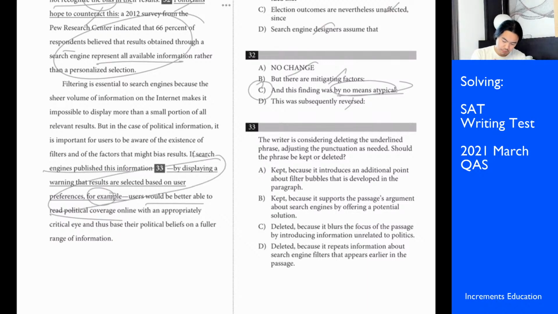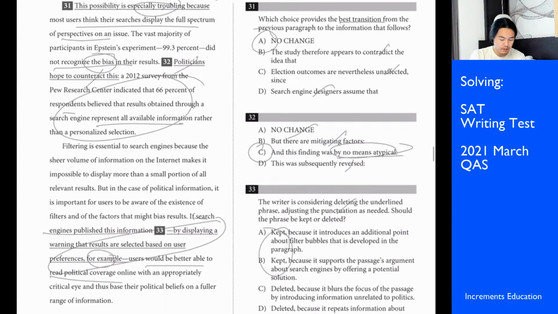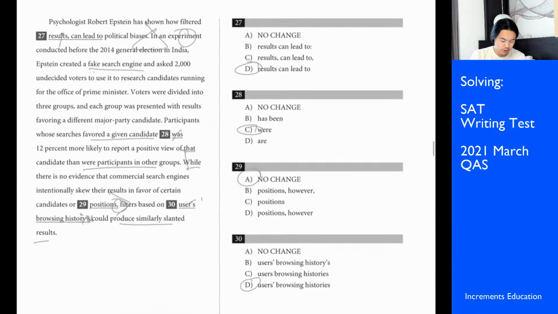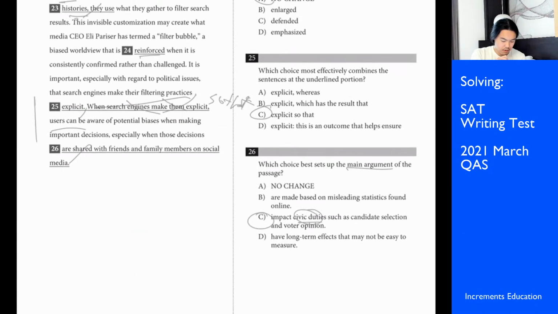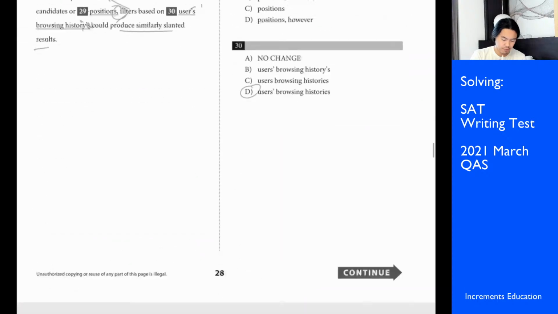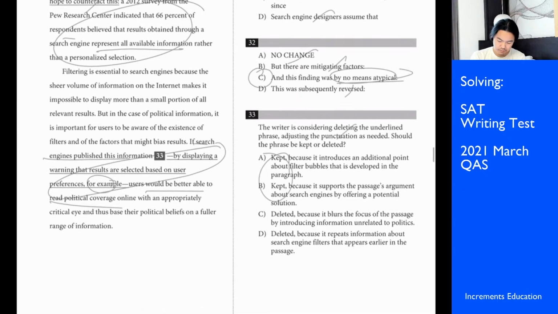And this is an example. By displaying a warning, the results are selected based on, right. This should not be deleted. It should be kept. Why? Because this is part of the main argument that the search engines really should let them know. Right, this is over here. A potential solution, yeah, it's a solution.